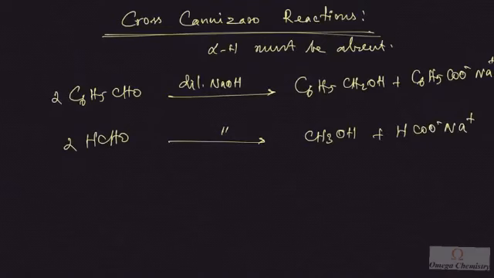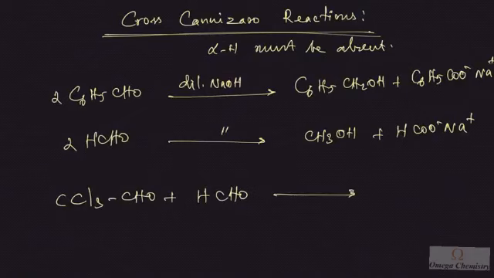We will encounter a problem only when two different aldehydes are taken, that is, the cross Cannizzaro reaction, right? So let us discuss this one. CCl3CHO plus HCHO. Both aldehydes don't have alpha hydrogens.